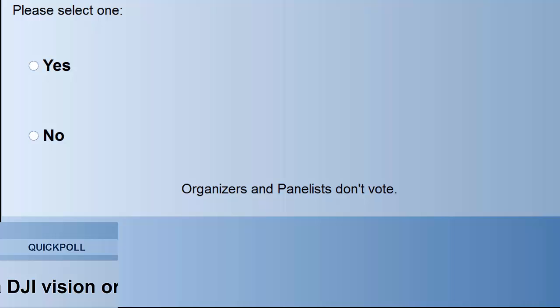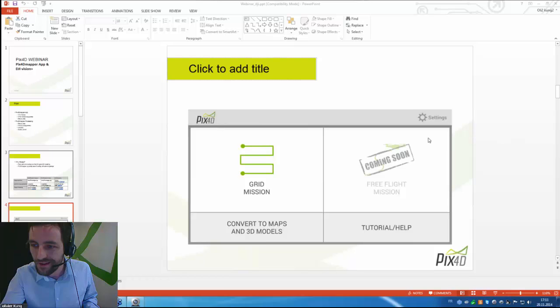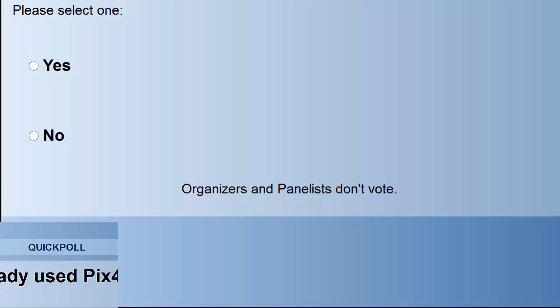All right, so in this webinar, about 44% don't have a DJI Vision. That means that 56% do have a Vision or Vision Plus. So, and now I can go on with my second question, which is, have you already used Pix4D Mapper app?